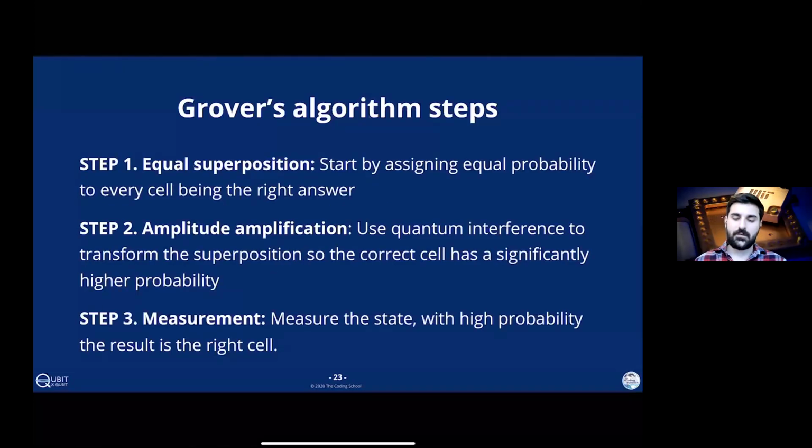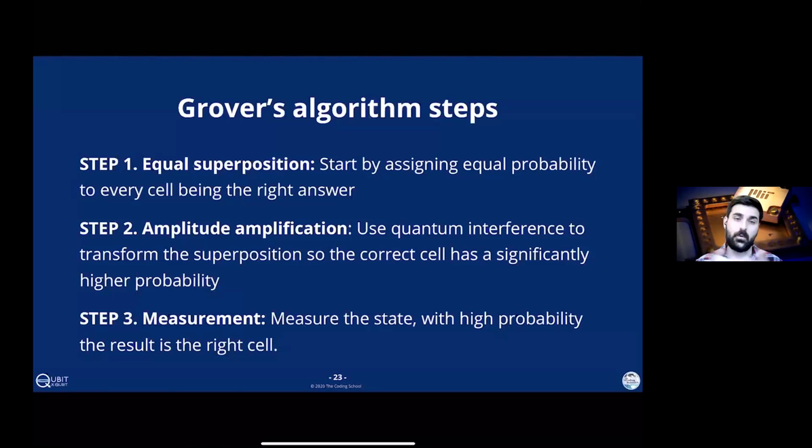Okay, so specifically, when we put things in equal superposition, we start by assigning equal probability to every cell being the correct answer. When we perform amplitude amplification, we use quantum interference to transform the superposition such that the correct cell has a significantly higher probability in this superposition.